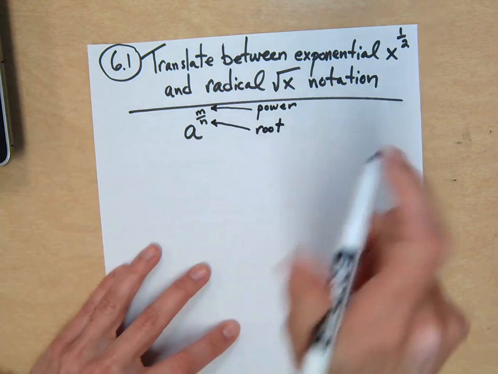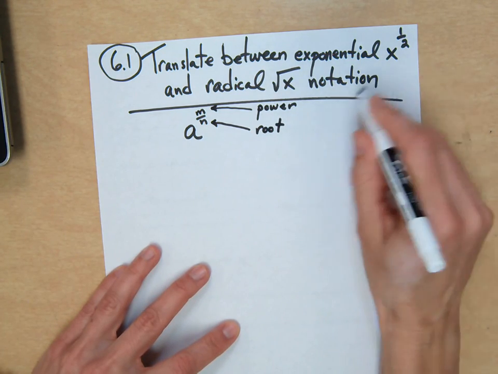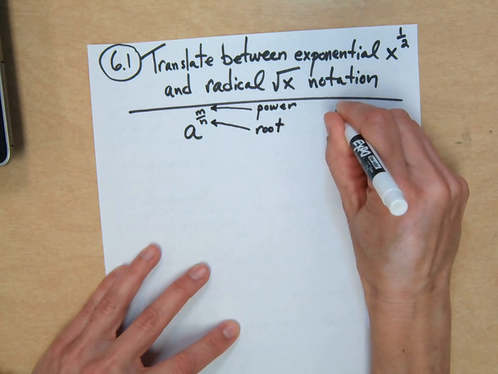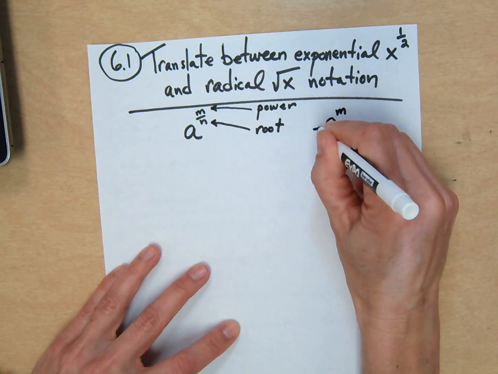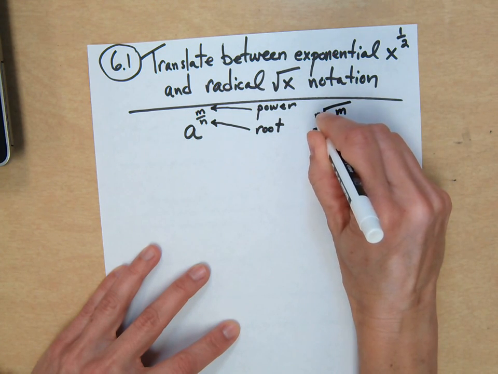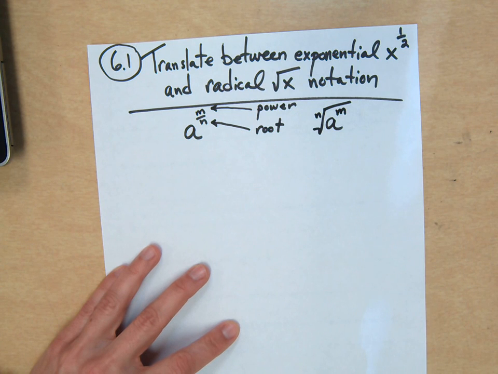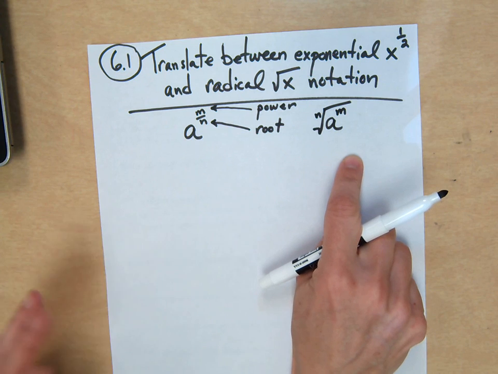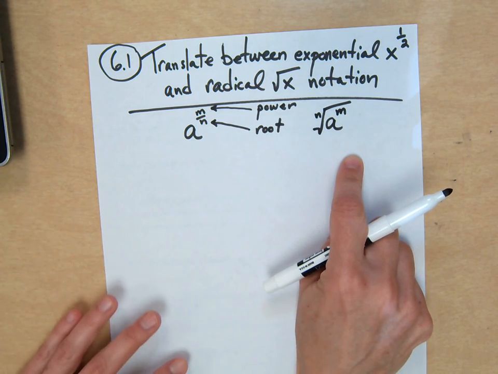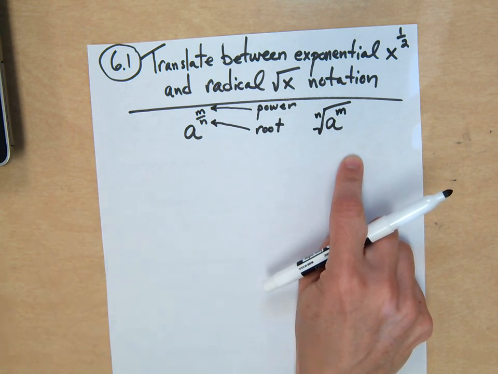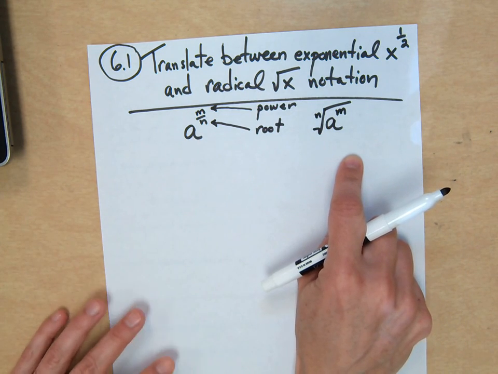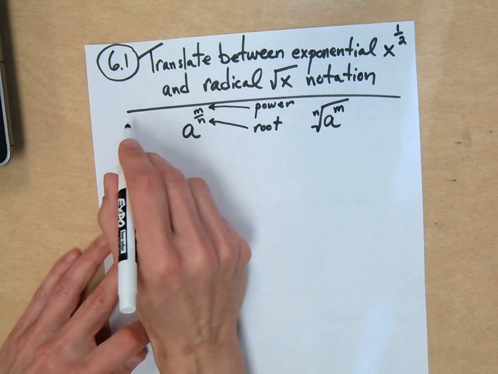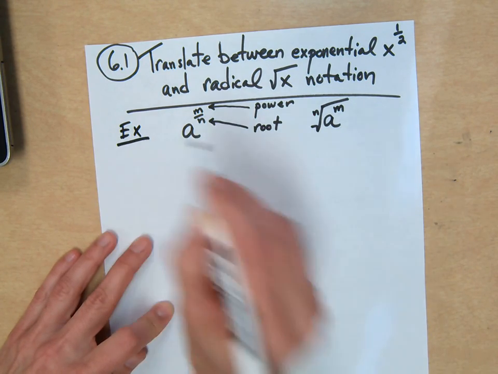So that's the formula: a raised to the m power and then the nth root, with a little radical and n. You want to be able to go back and forth. It helps you to simplify and solve equations, and the equations model things in real life, and you'll get to do some applications. So here's a series of examples of practicing going back and forth.